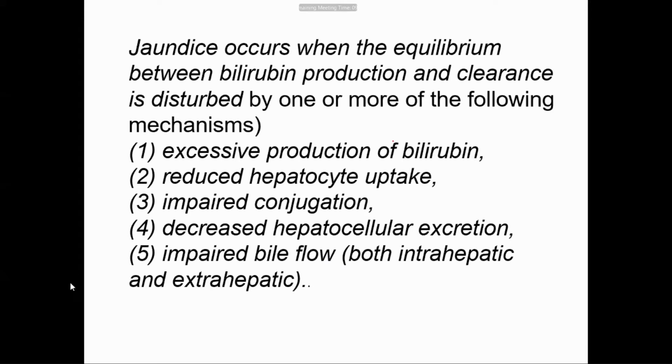So these are the 5 mechanisms by which jaundice is produced. One of the 5 mechanisms can lead to production of jaundice. That is, there is obstruction, maybe inside the hepatic parenchyma or it may be outside the liver. So these are the mechanisms for formation of jaundice.